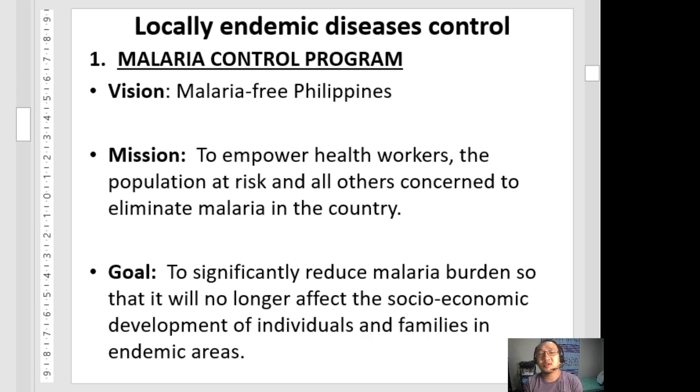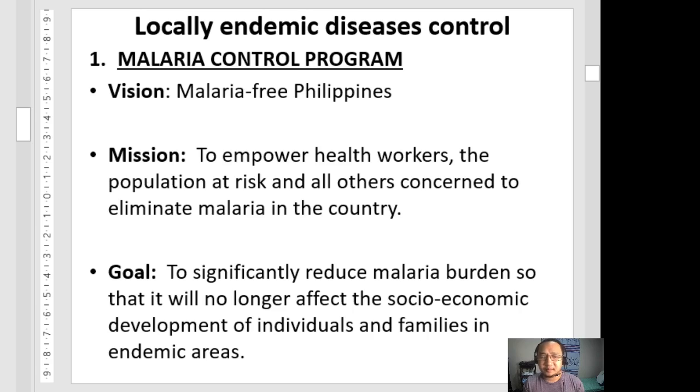So the malaria control program is one of the endemic disease control programs of the Department of Health. It has a vision of a malaria-free Philippines, and the mission of this program is to empower health workers, that includes us nurses and other frontliners, health workers in the community, the population at risk, meaning those people who can have malaria, and all others concerned to eliminate malaria in the country.